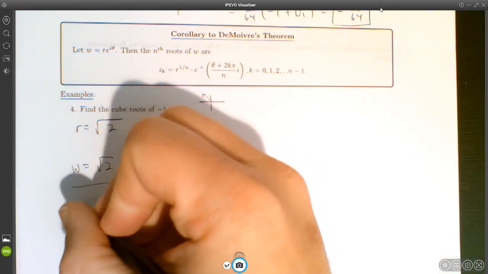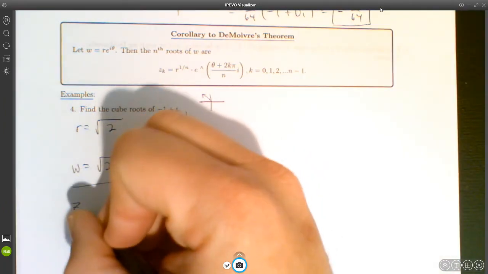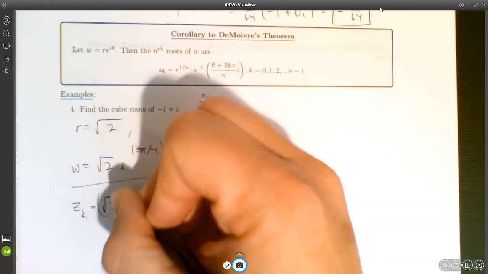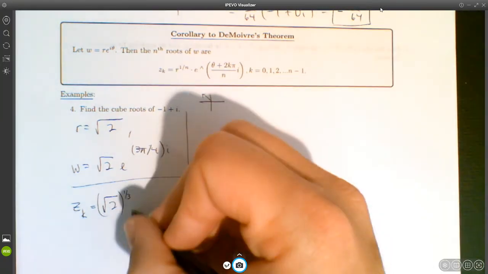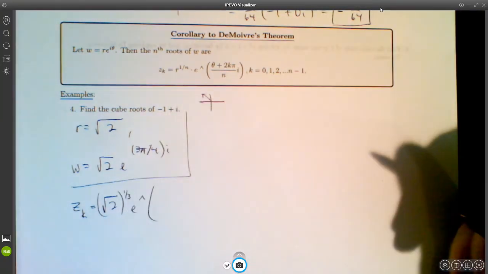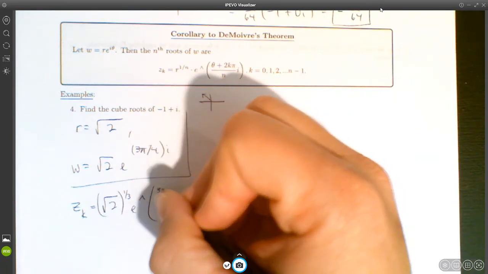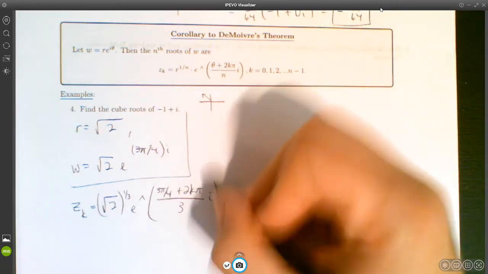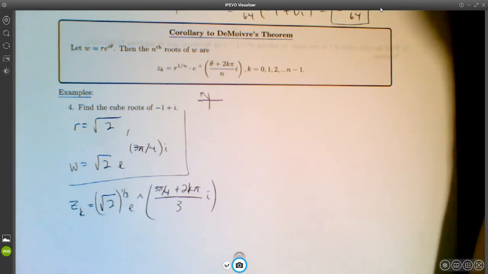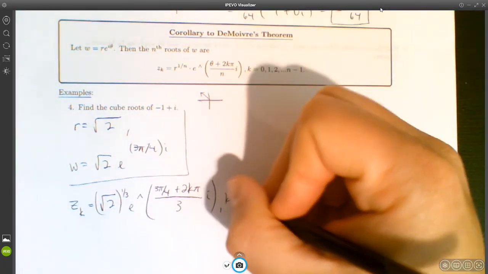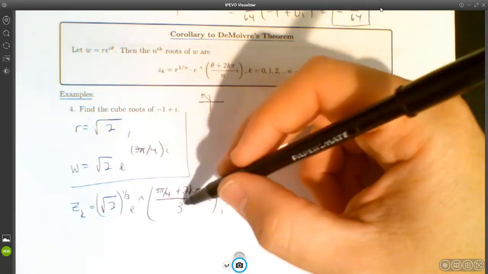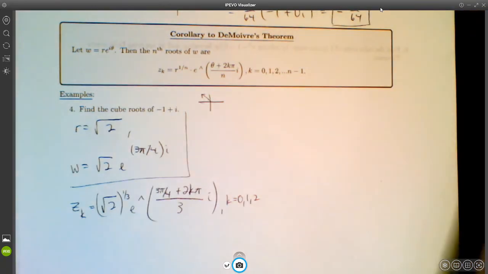So z sub k is going to be r to the 1/3, where r is the square root of 2, times e to the power of theta, which is 3 pi over 4, plus 2k pi over n, and n in this case is 3, times I. And k is allowed to go from 0 to 2, right? You stop at 1 less than n. n is 3, so k stops at 2.